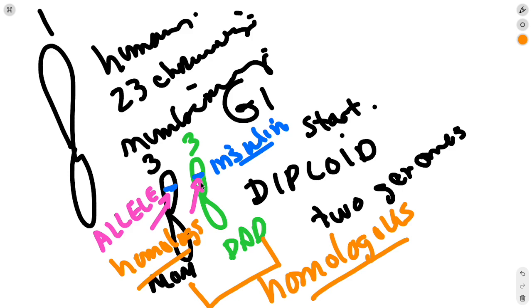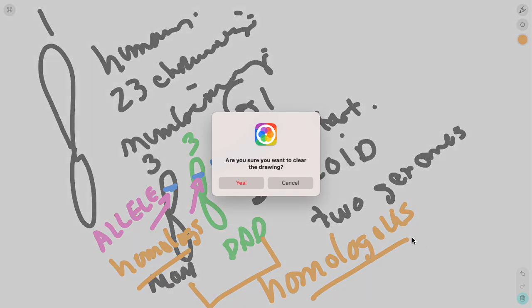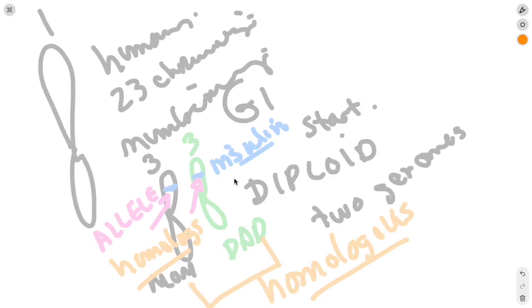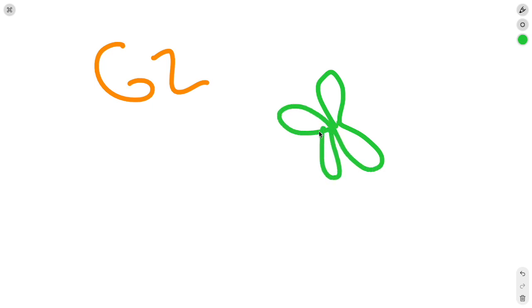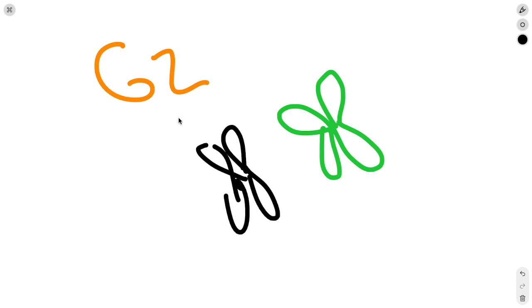I think it's best to just erase this and write in G2, those chromosomes have been replicated, and you would draw them like this. And that could still be chromosomes 3, but you could see we doubled them.